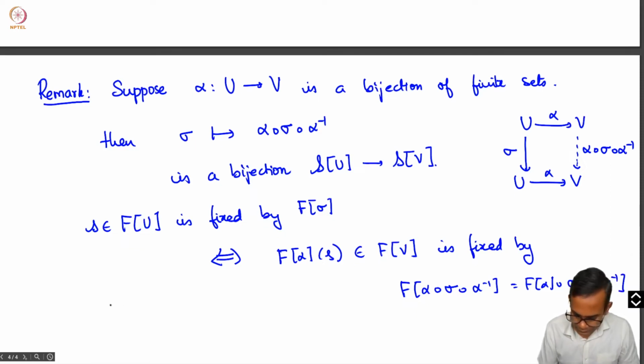So S is an F-structure on U, and F[alpha] of S is an F-structure on V.